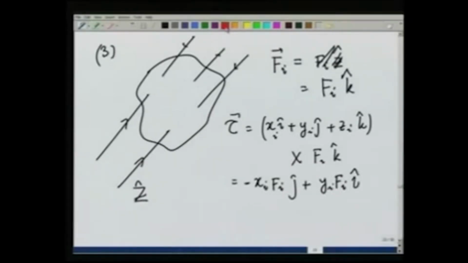So, this also has components only in x and y directions. So, I need not worry about the z component of the torque.